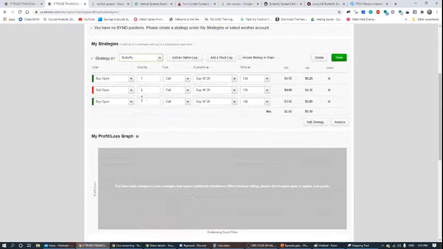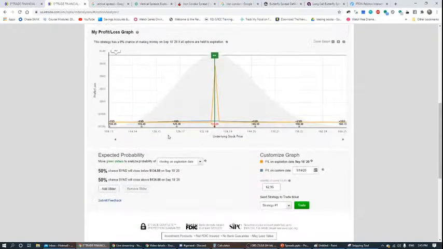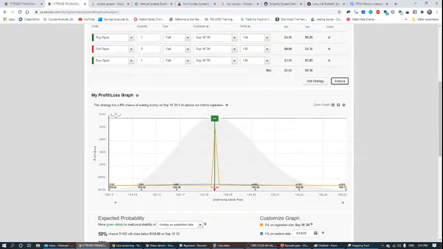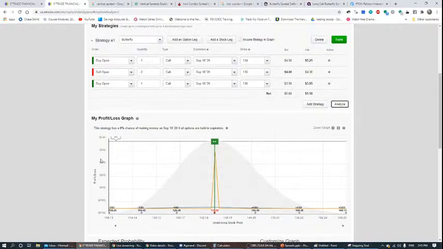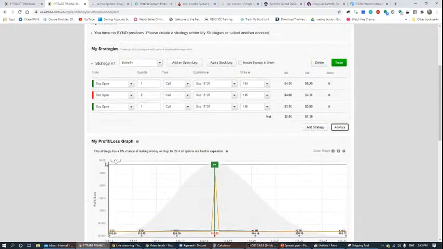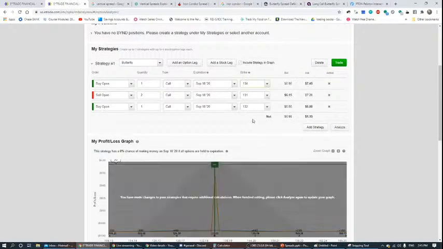So if we do a butterfly, this is kind of close. So, this right here, that will make you money. So we want to find a really good one.